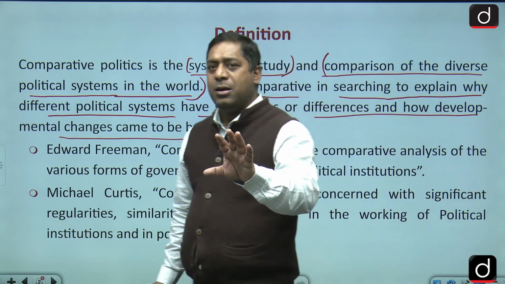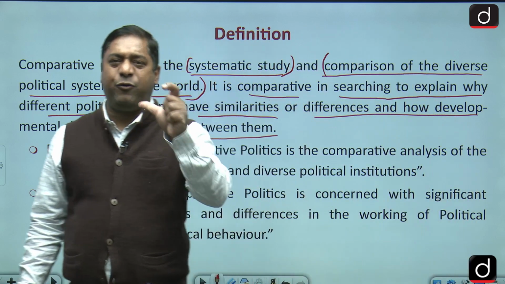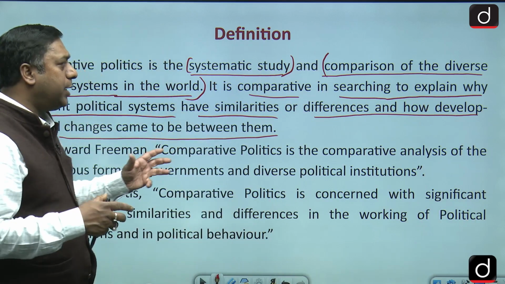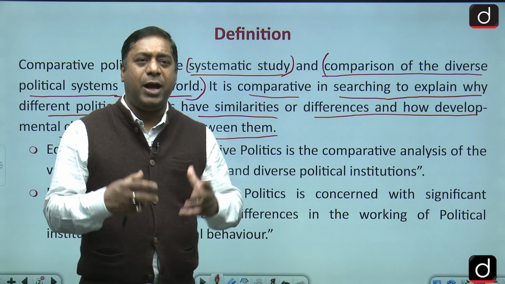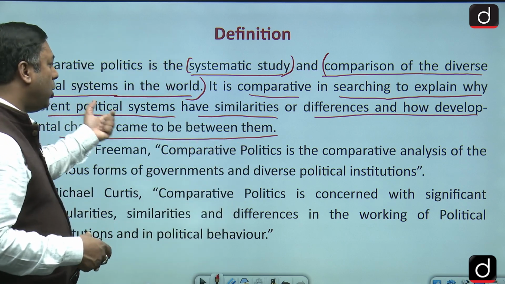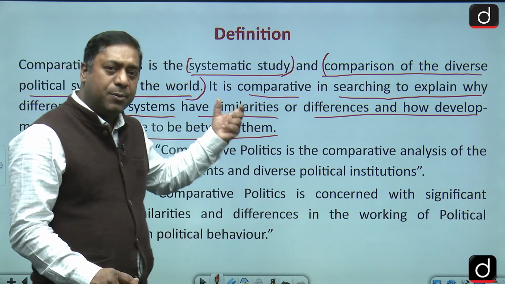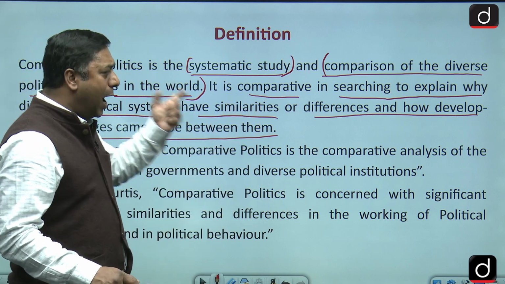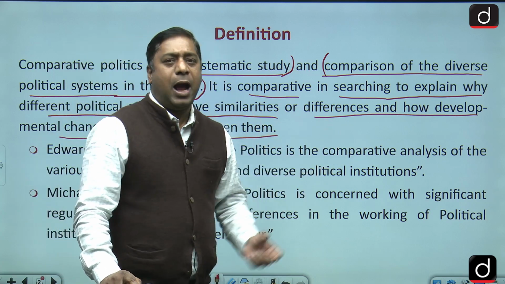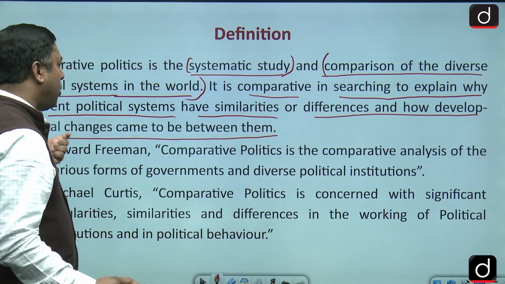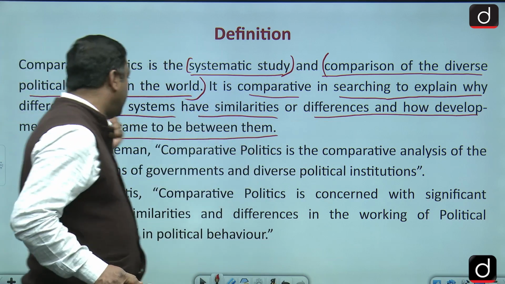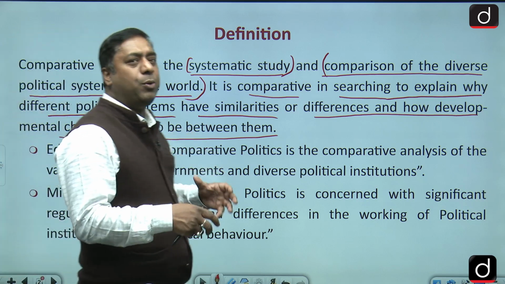That means in comparative politics, if you put it in simple terms, we are basically trying to explain why different political systems have similarities between them, why different political systems have differences between them, and how different political systems have been able to develop changes that have come between them.